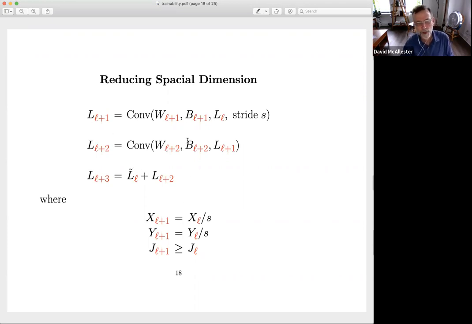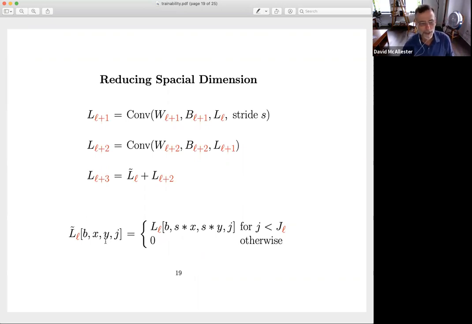Another point to make is that typically when you reduce the spatial dimension, you increase the number of neurons per position. So the spatial dimension is getting smaller, the number of neurons per position is getting bigger, and you try to keep the amount of work sort of constant as you're going deeper in the network. So the spatial dimensions have been reduced and the number of neurons at the layer has been increased.